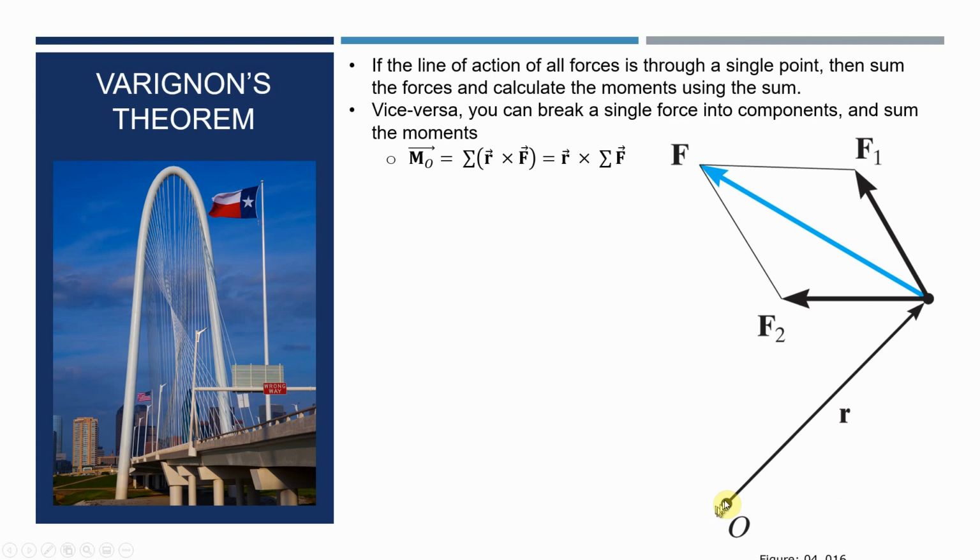So if you're looking at the moment about O, you've got to take R to that common point. Actually, you could take R to any point along the line of action of the resultant force. Resultant, that's the key word, along the blue line.